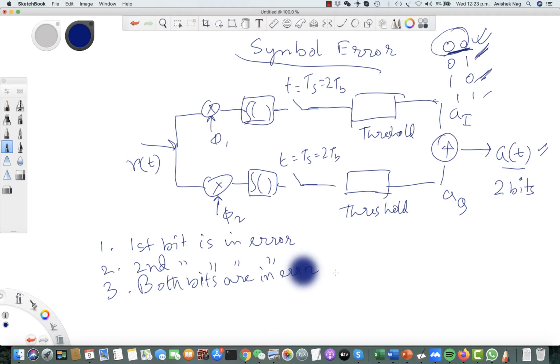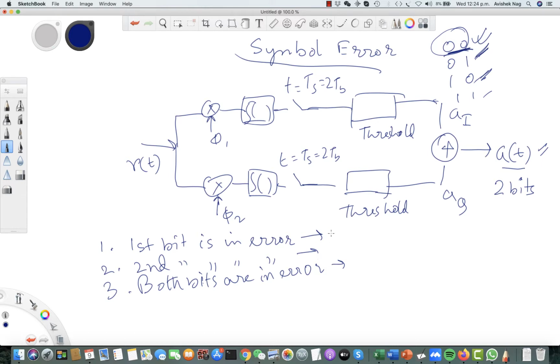Okay, so these 3 will have individual probabilities, and probability of symbol error is the sum of all these 3 probabilities.